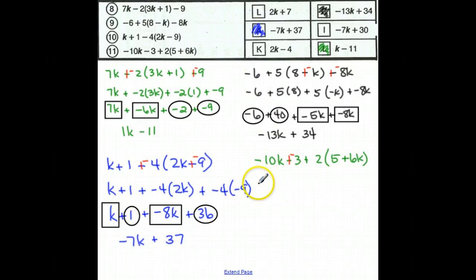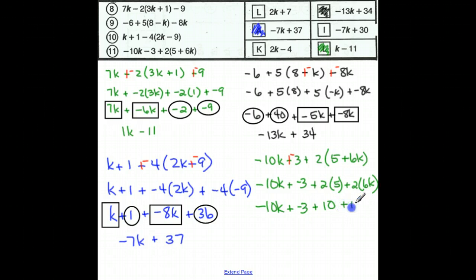My number being distributed is the 2, so I'm just going to rewrite the negative 10k plus a negative 3. The 2 is being distributed, so I'm going to do 2 times 5 plus 2 times 6k. Negative 10k plus a negative 3 plus 10 plus 12k.